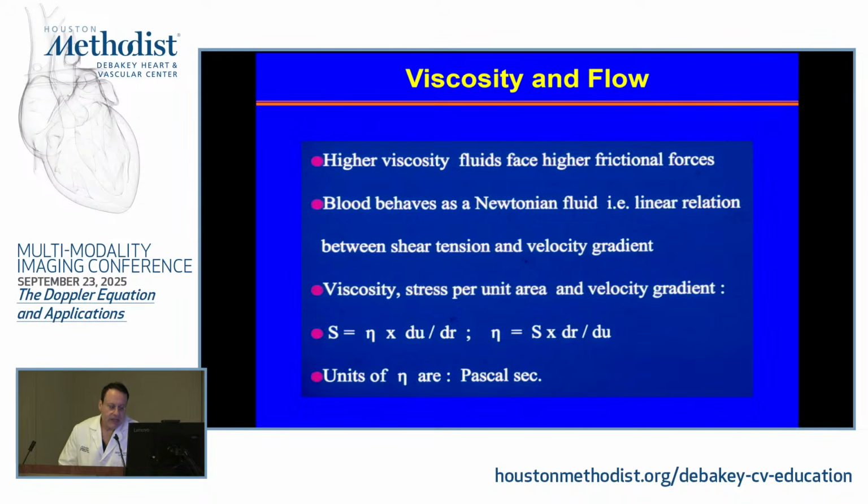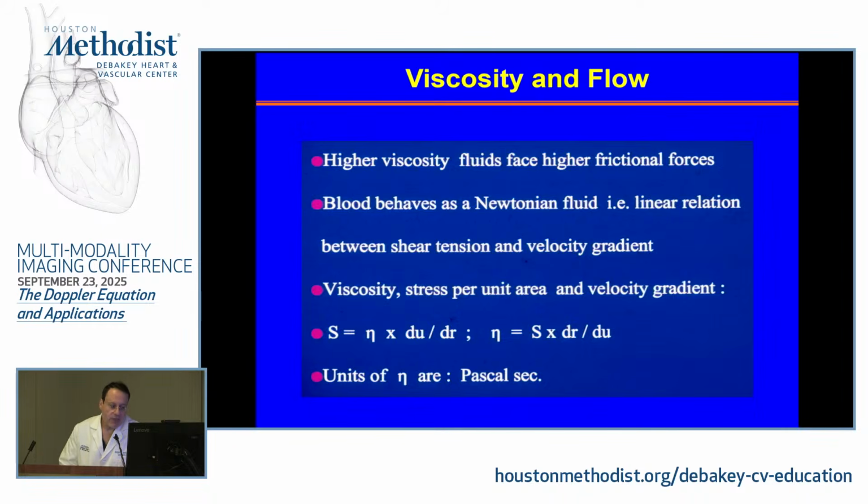They are directly related to one another, and if we remove that proportional sign, we have in its place the viscosity. We are interested in viscosity, so we rearrange that expression, and if you take a look at it, this is the shear tension, and now we have the distance in the numerator and the velocity in the denominator.